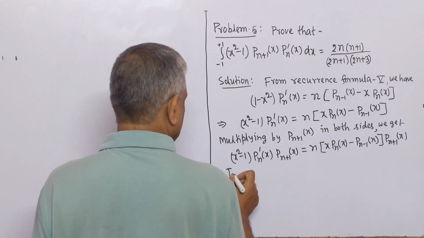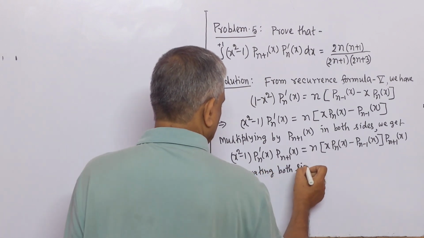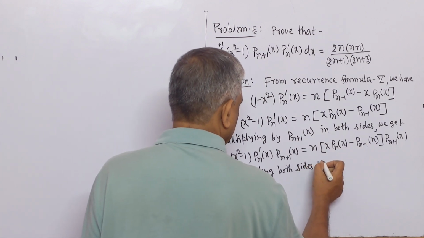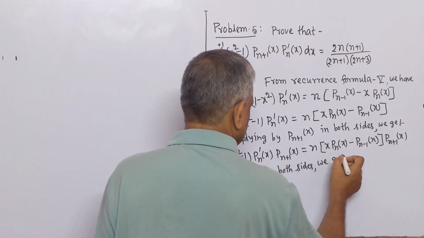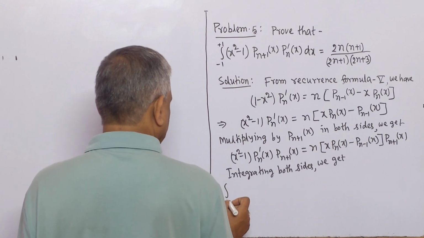Integrating both sides, we take limit minus 1 to plus 1.